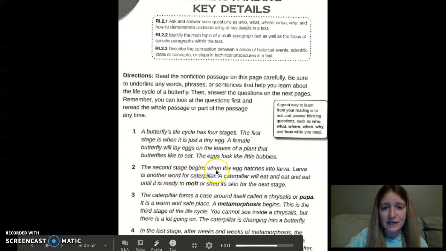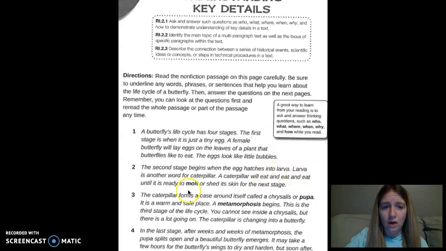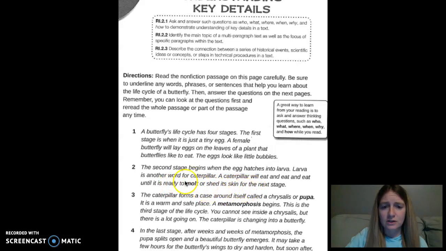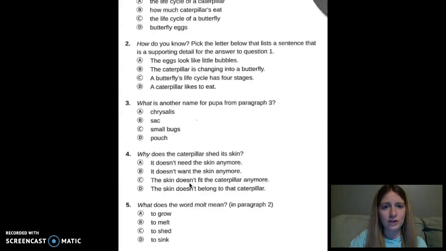The second stage begins when the egg hatches into larva. Larva is another word for caterpillar. A caterpillar will eat and eat and eat until it's ready to molt, or shed its skin for the next stage. So I see that word's in bold, and I remember reading that question.